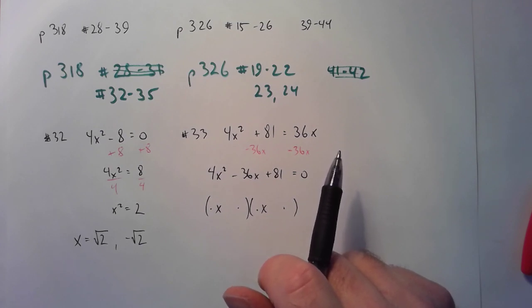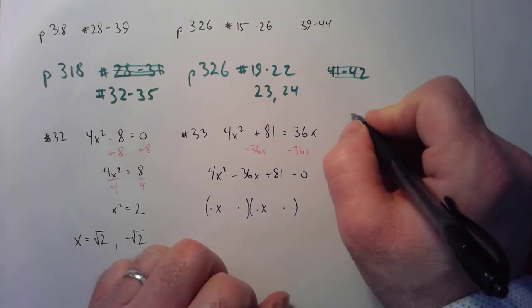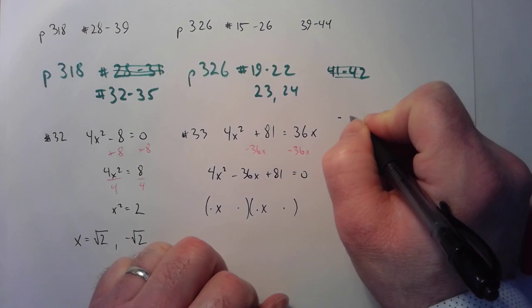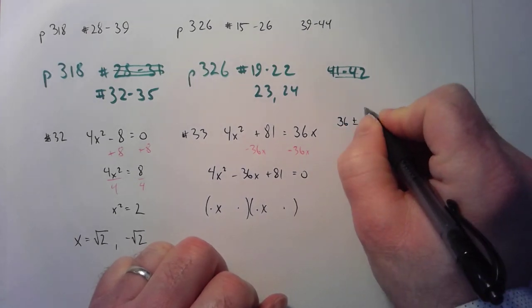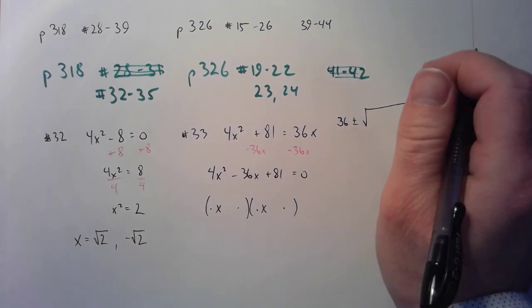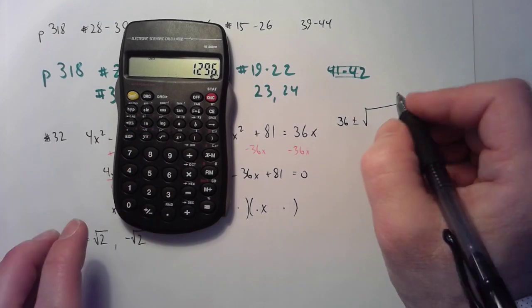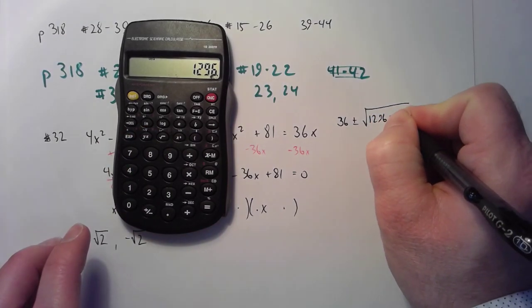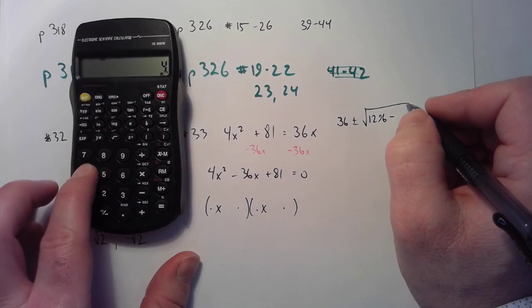So all of this is just to avoid the quadratic formula. Behold thy doom. Opposite of b plus or minus the square root of b squared minus 4ac.